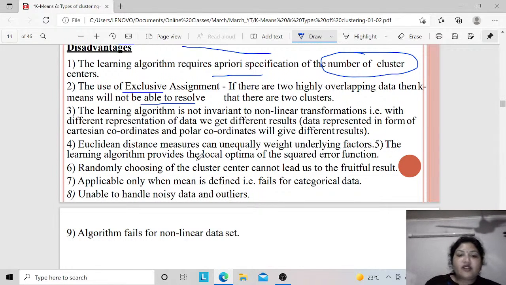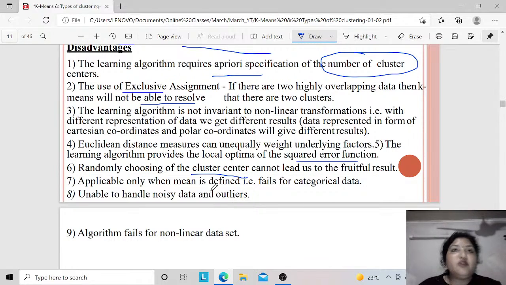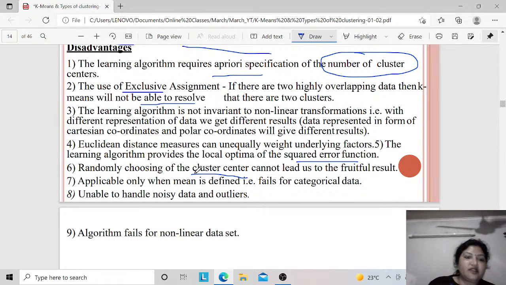The learning algorithm provides the local optima of the squared error function, because in Euclidean distance we use this method only. Randomly choosing the cluster center: yes, I told you the result might vary depending on the centroid value chosen. Applicable only when mean is defined.